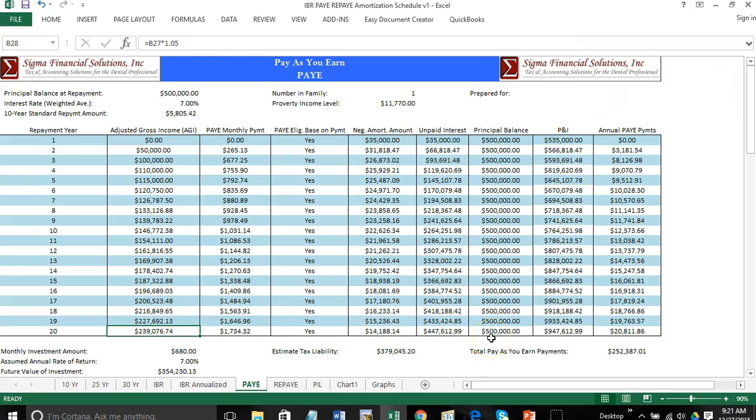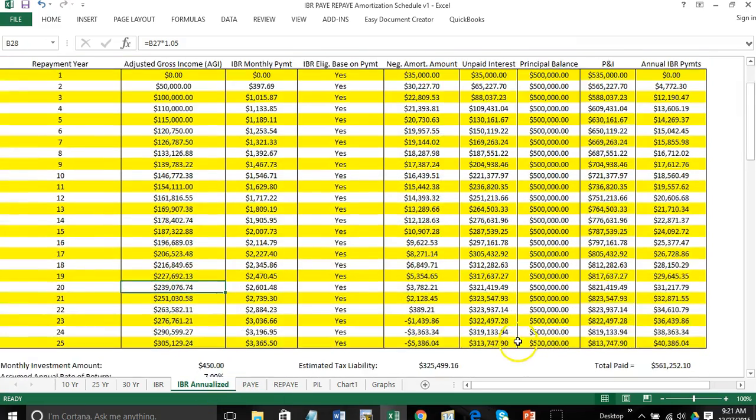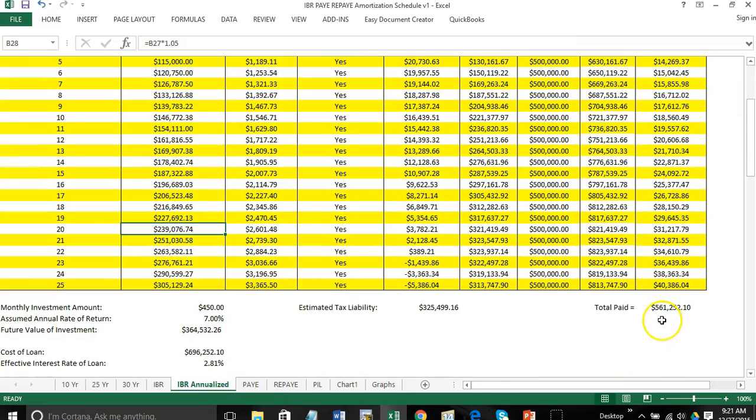You've not touched the principal of $500,000, but you do have a higher amount forgiven, which is okay, given the fact that your monthly payments over the course of 20 years, assuming these income amounts, result in total payments of $252,000. Again, significantly less than IDR by about $300,000.